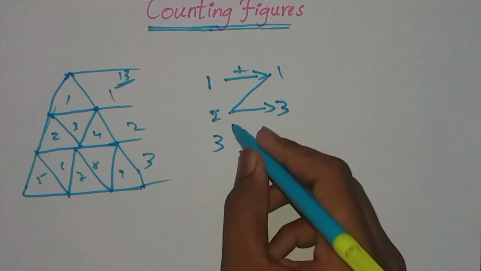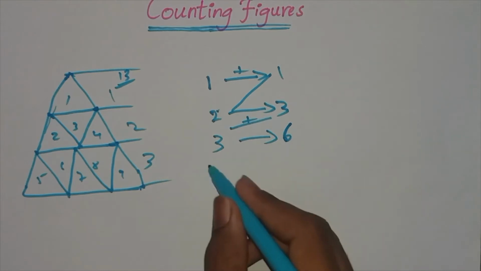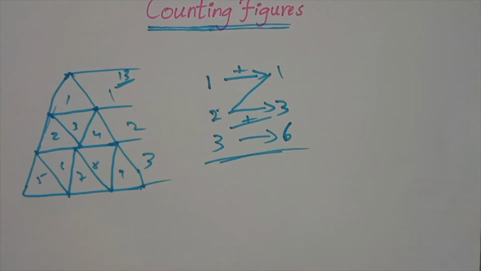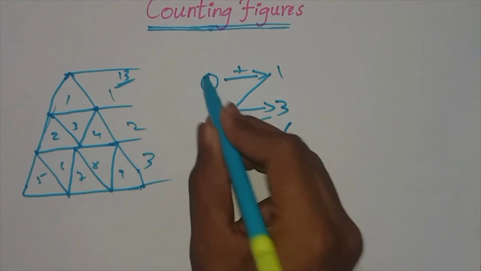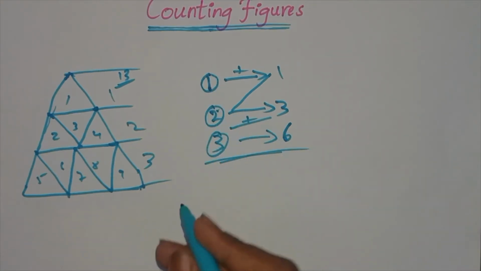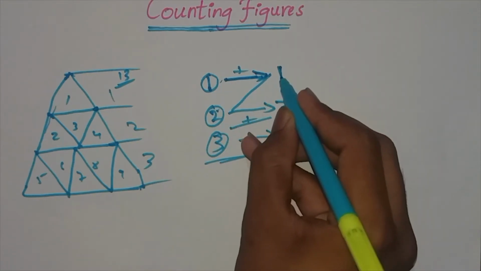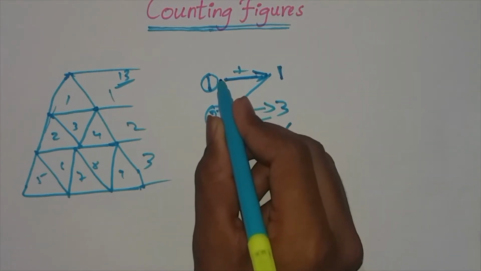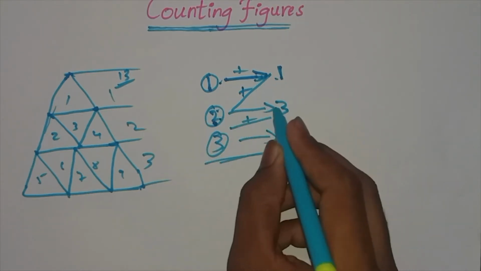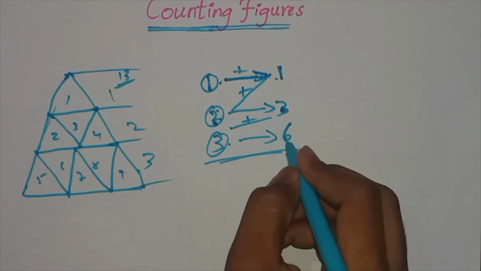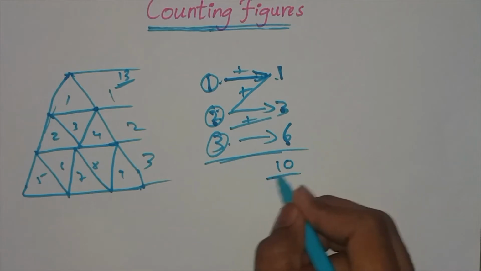Write the first part as 1 only, then make it as addition. 1 plus 1 gives 2, 2 plus 1 gives 3, and 3 plus 3 gives 6. So calculate this: there are 10 triangles in this.